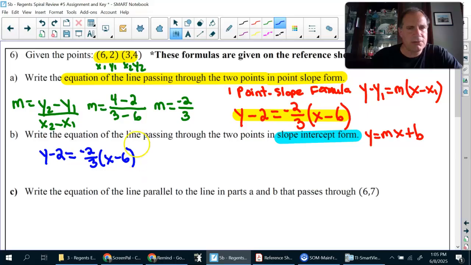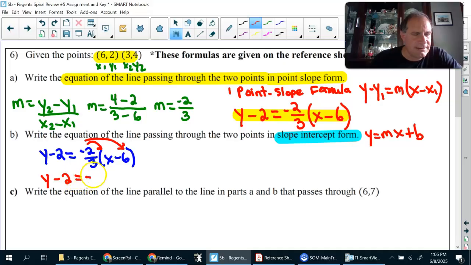And all we're going to do is distribute and then solve for y. So then we have y minus 2 equals negative 2 over 3 x. And this is positive because negative times a negative is positive, and negative 2 times negative 6 is 12 over 3. 12 over 3 is 4.